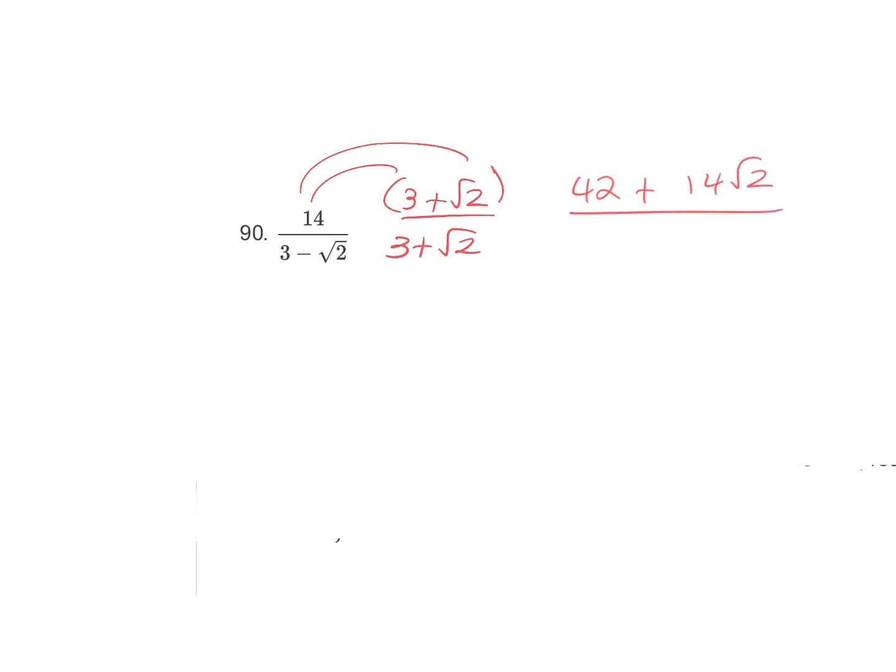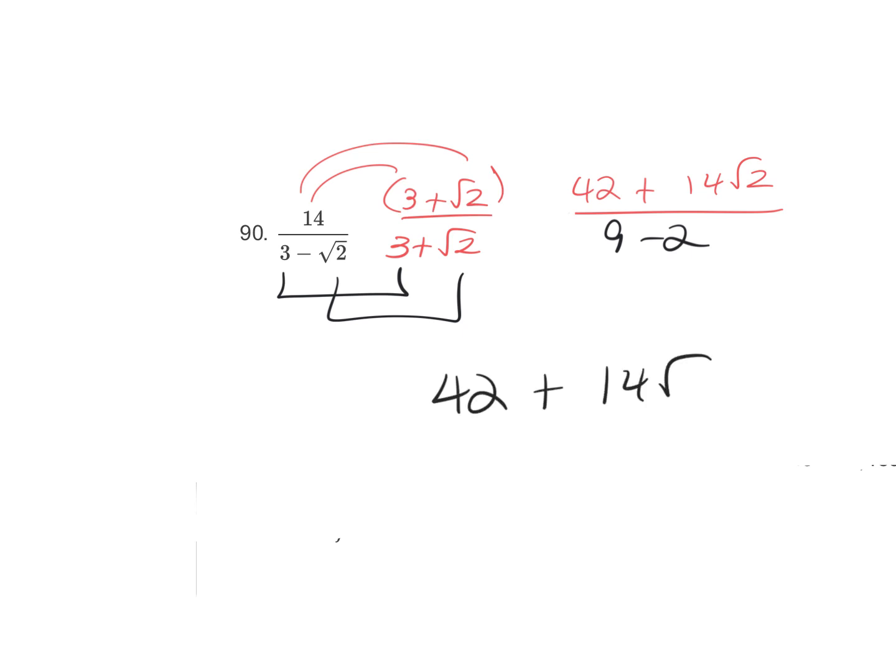And then whenever you multiply the denominator by an opposite expression, you're just doing first and last. So I get 9 minus 2. So now I have 42 plus 14 square root 2 over 7. Now remember, on these problems, when you're trying to simplify, this 7 needs to be able to divide into both of the numbers in the top.